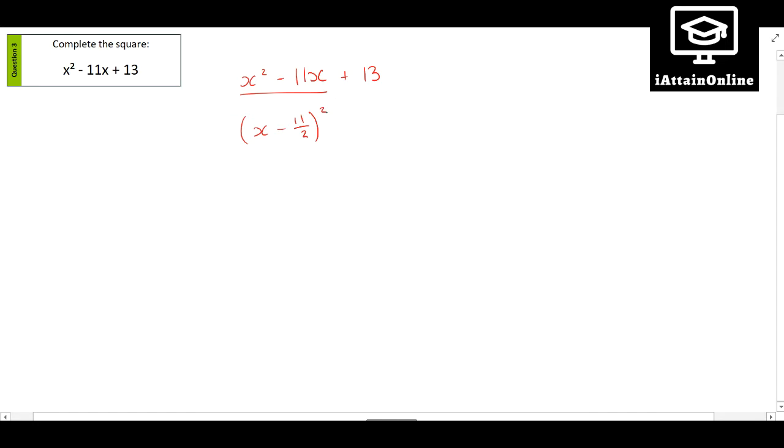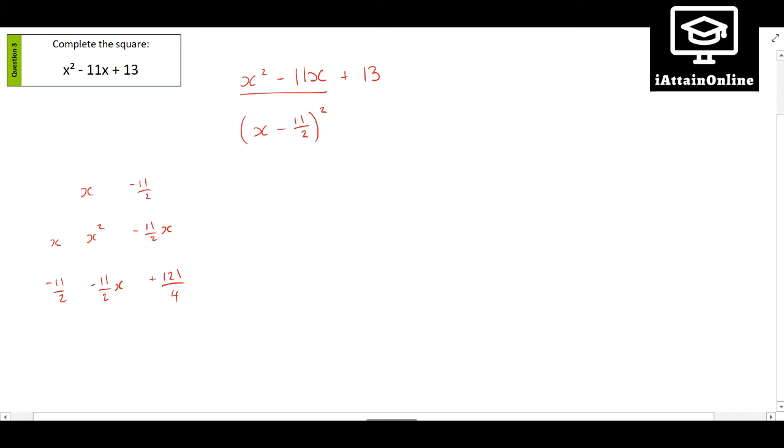Now, when I expand this bracket, I would get x minus 11 over 2, x minus 11 over 2. This would be x squared. This would be negative 11 over 2 x. And then this bit here would be positive: 11 squared is 121, and 2 squared is 4.